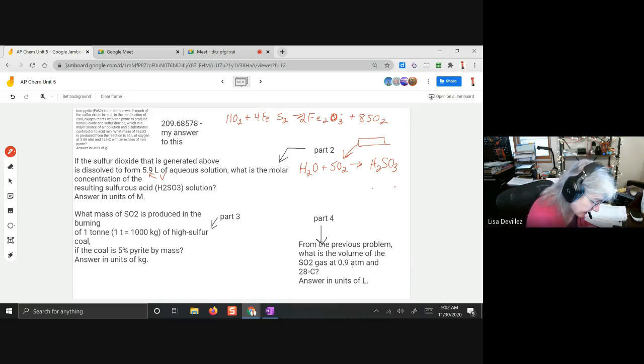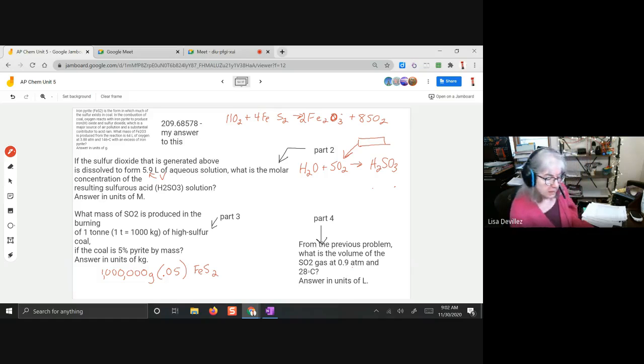Okay, and then for this one, we had 100 or 1,000 kilograms, and then 3 more zeros to get that to grams, times 0.05. Okay, so that's your FeS2.